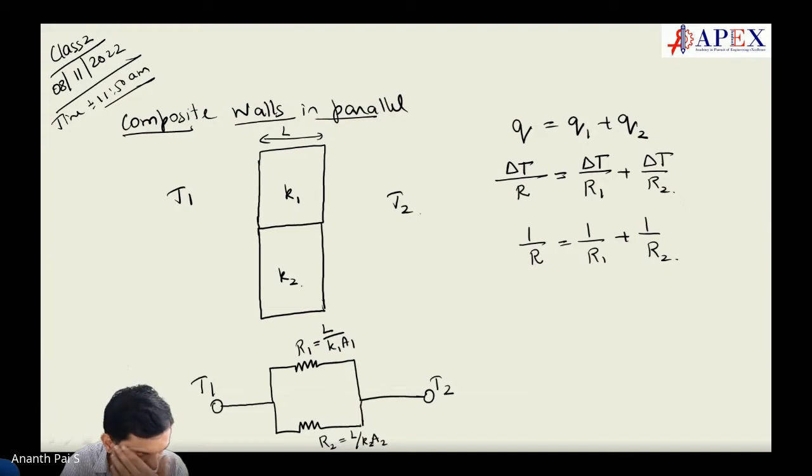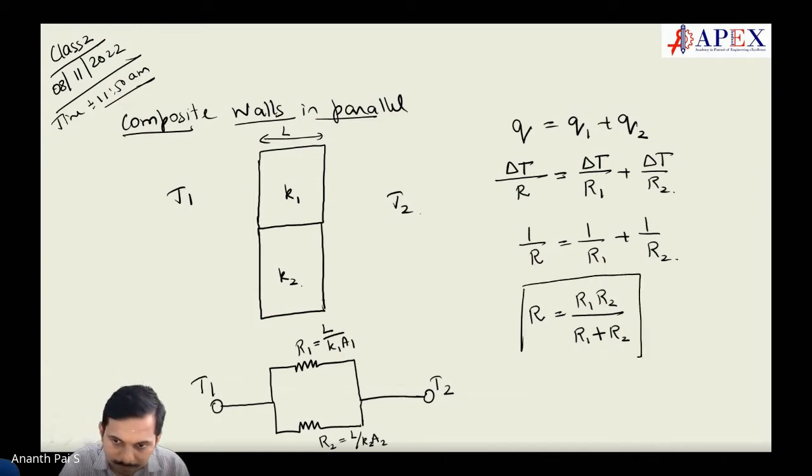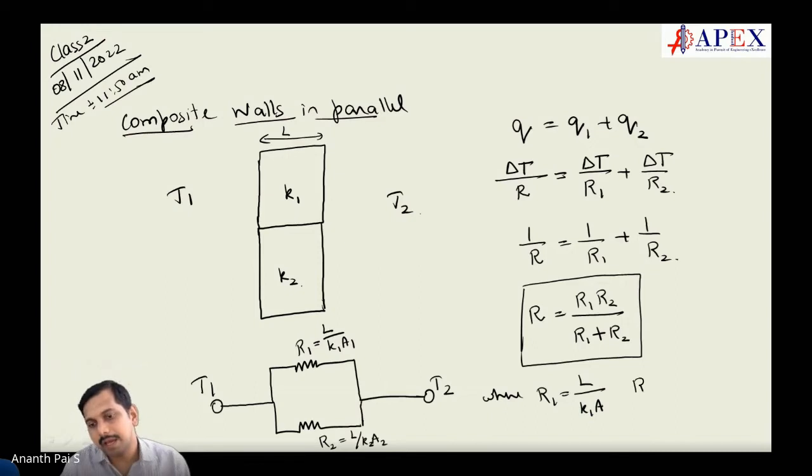Very important. Or R is equal to R1 R2 divided by R1 plus R2. Makes sense? Where R1 is equal to L by K1A and R2 is equal to L by K2A. Makes sense?